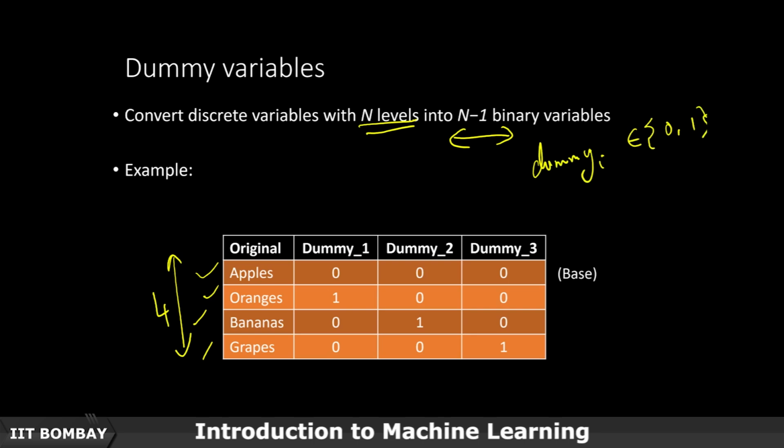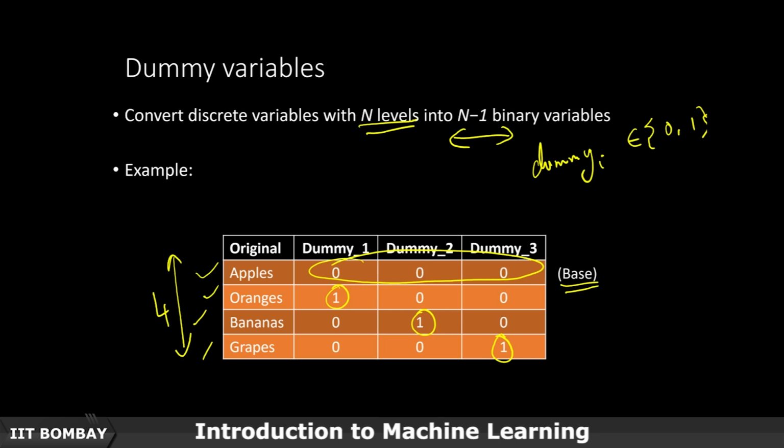We don't need n of them because we can encode one of them as all zeros. That is the base value, and that choice is arbitrary. Apples need not be the base value. We might as well have used oranges or bananas as the base value. For all the other ones, we'll have one-hot encoding: one of the dummy variables will be 1, the rest will be 0.